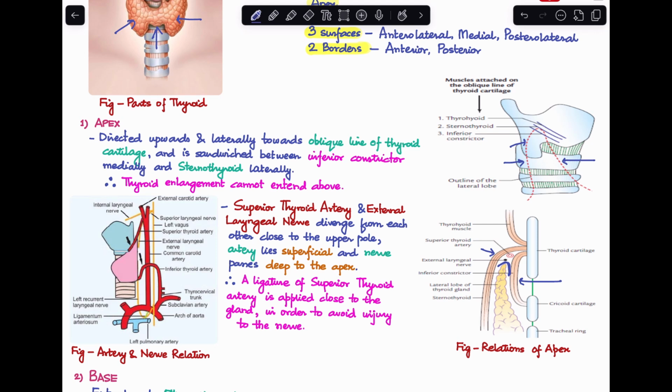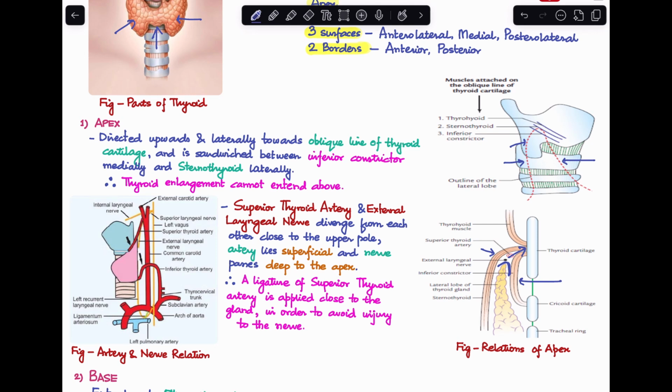Because of this reason, it being sandwiched between these two muscles, any thyroid enlargement cannot extend above this point because of the attachment of the muscles to the thyroid cartilage. Now, secondly, the second relation over here with the apex is that the superior thyroid artery and the external laryngeal nerve diverge from each other very close to the upper pole or the apex.